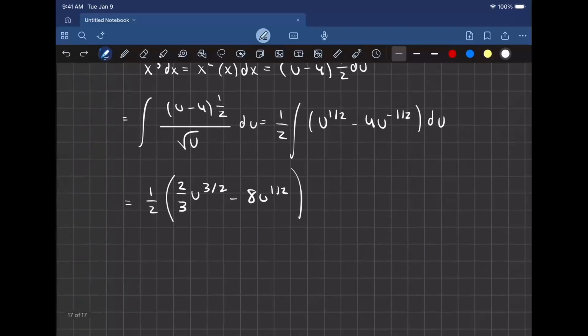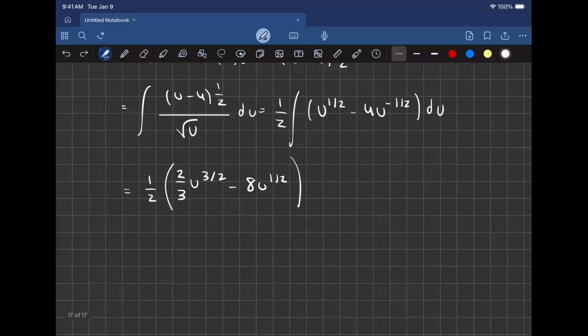Okay. So our valid antiderivative would be then 1/3 times x squared plus 4 to the 3/2 minus 4 times x squared plus 4 to the 1/2.